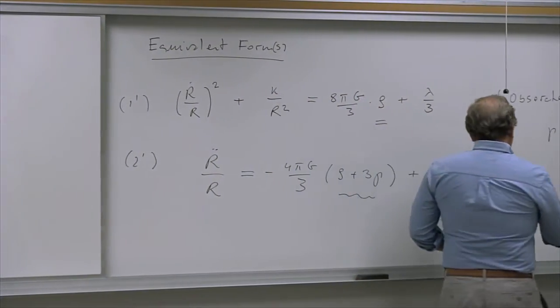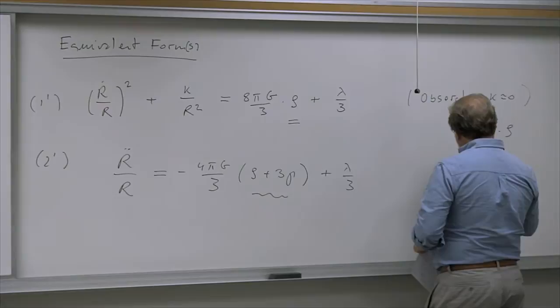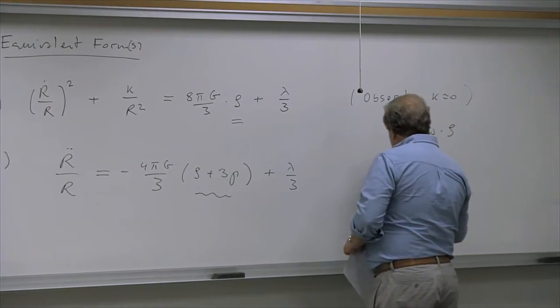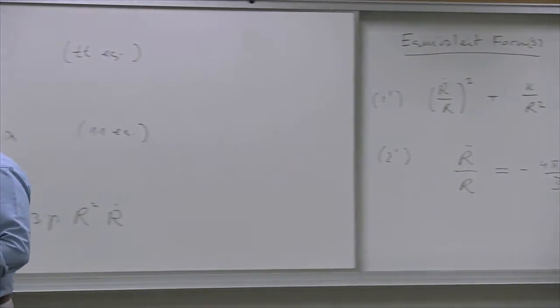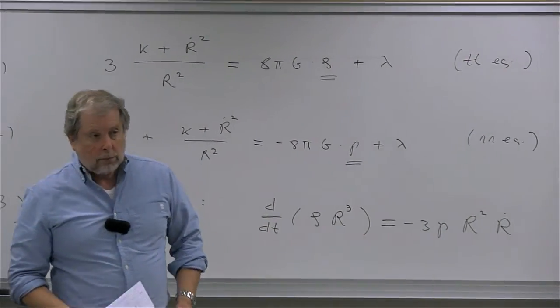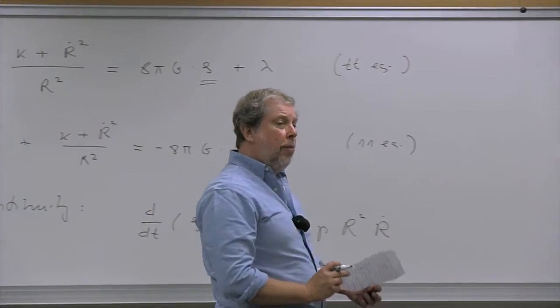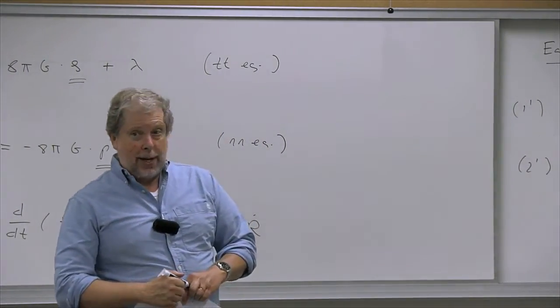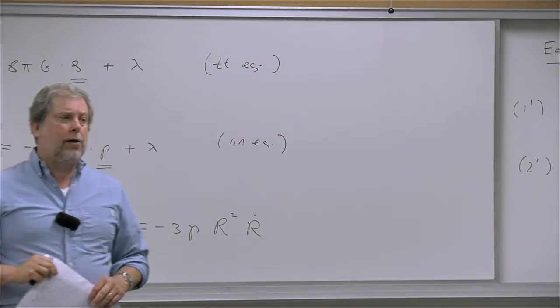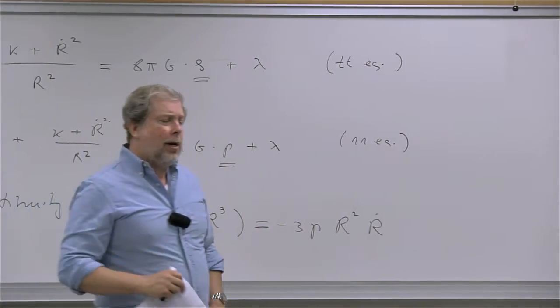Now, in general, it is possible to have lambda with either sign, right? Because you remember that lambda was a term that you could add to the field equations, right? But nobody said at that stage that you should pick one sign or another, right?